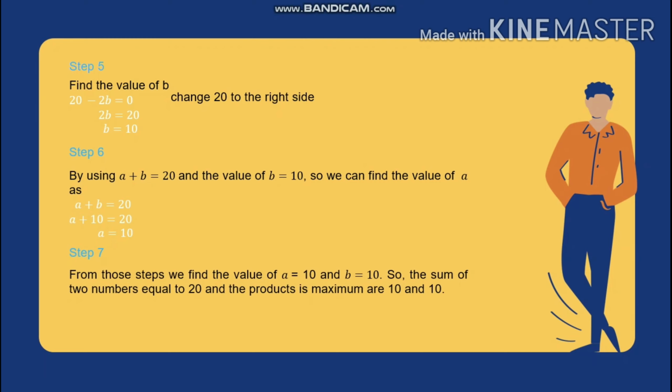Step 7. From this step, we find the value of a equal to 10 and b equal to 10. So the sum of two numbers equal to 20 and the products is maximum are 10 and 10.